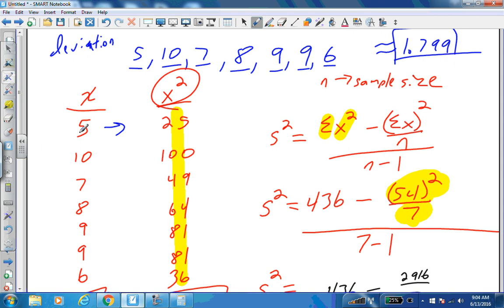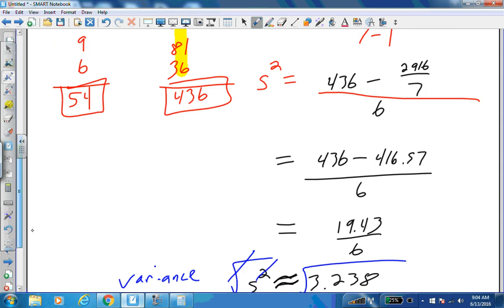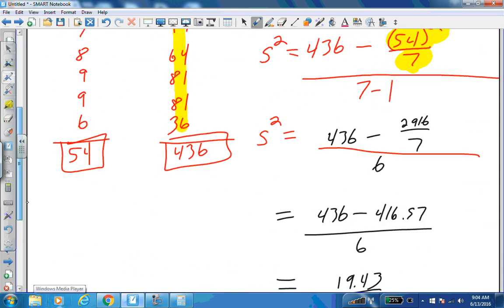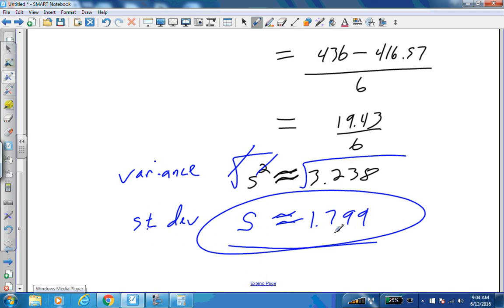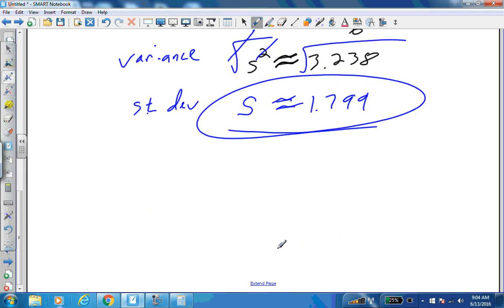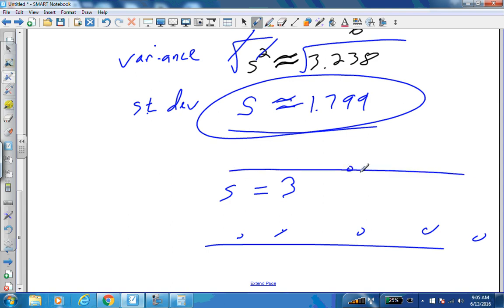The larger our standard deviation is, the more spread out our set is. The smaller our standard deviation, the less spread out our set is. So if we had a standard deviation of 3 as compared to 1.799, that would mean that our data values are spread out farther. Where here, our data values are relatively close together.